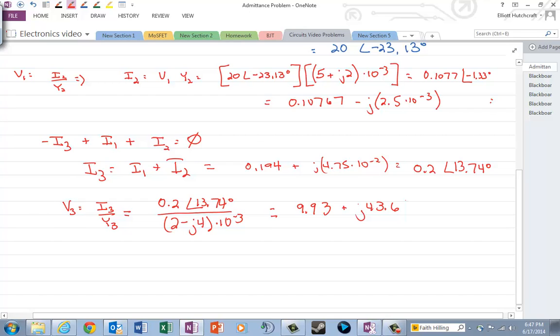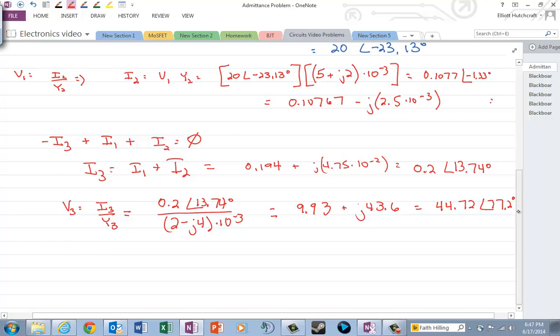Now I've got all my units, so that would be in volts, but let me convert this to magnitude and phase as well. In magnitude and phase, that would be 44.72 angle 77.2 degrees. Okay, so now I have V3.